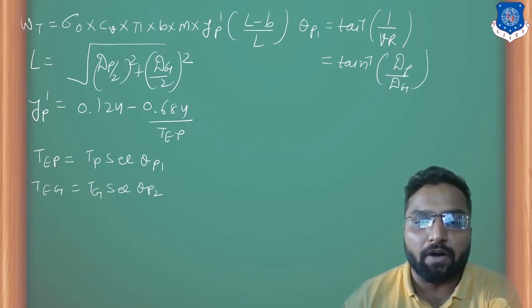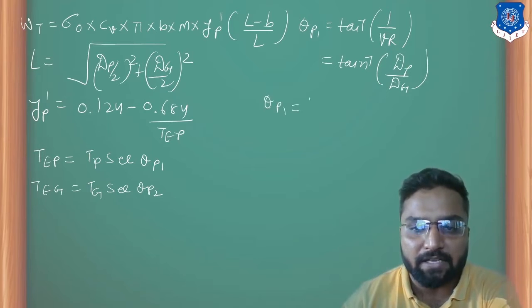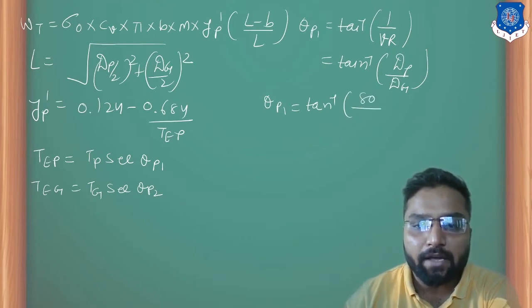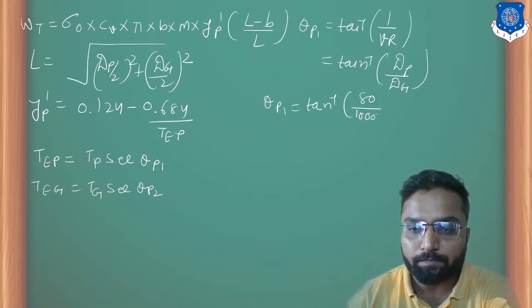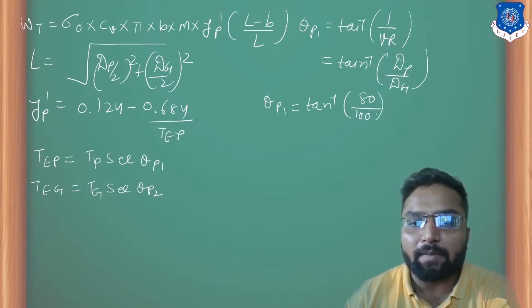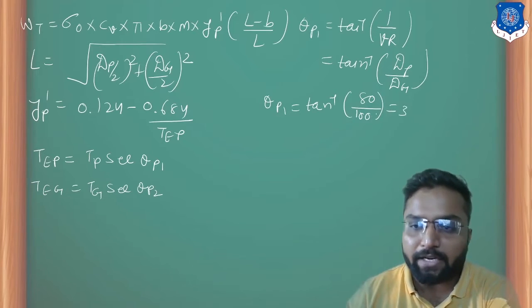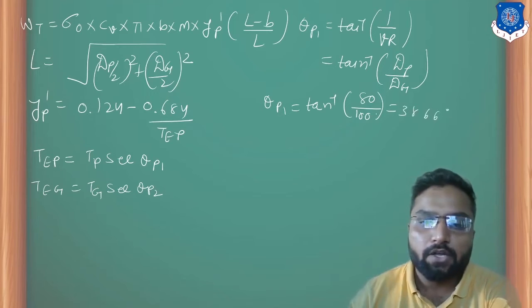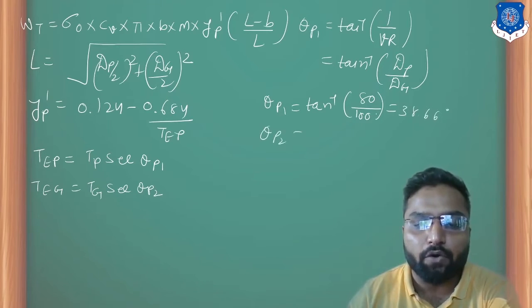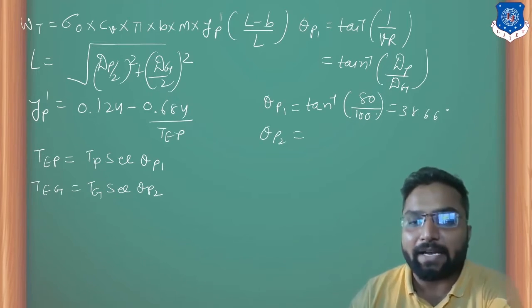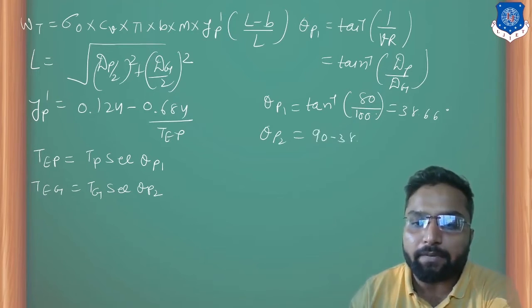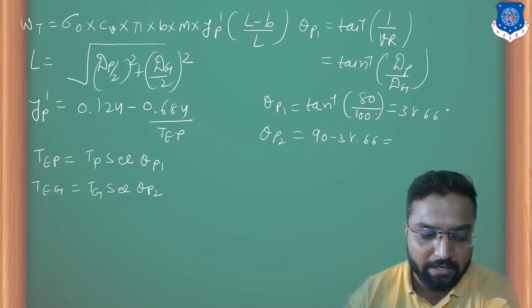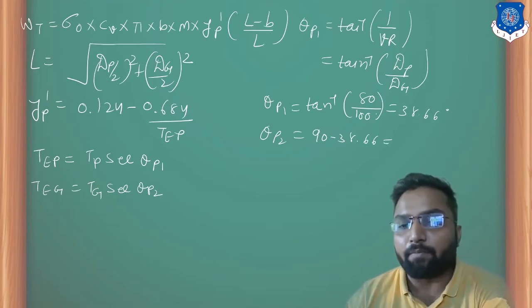Let's put these values in. Theta P1 equals tan inverse of dp by dg, where dp is 80 and dg is 100, and ultimately the value is 38.66 degree. So from this value, theta P2 will be 90 minus 38.66, which is ultimately 51.34 degree.